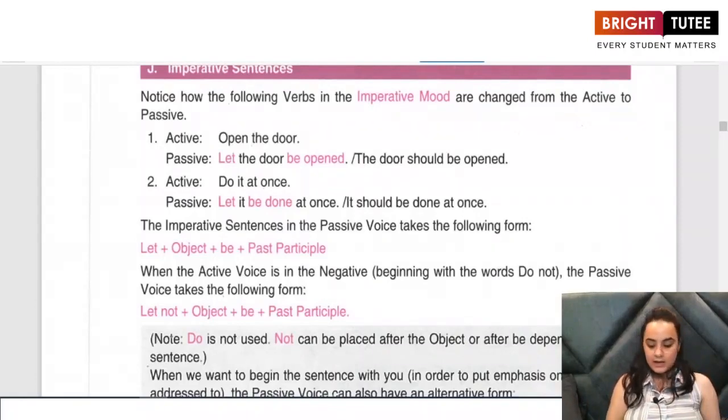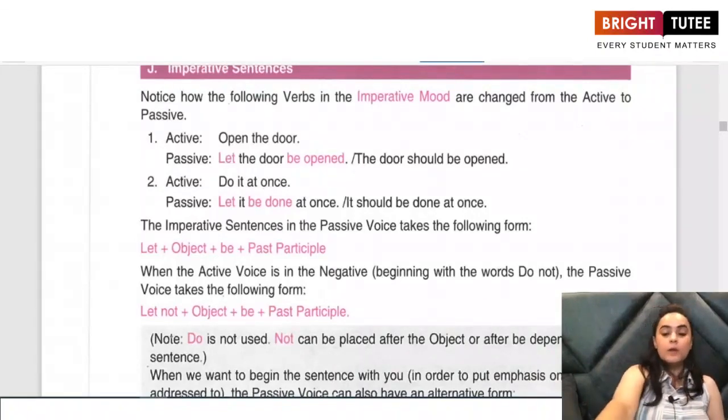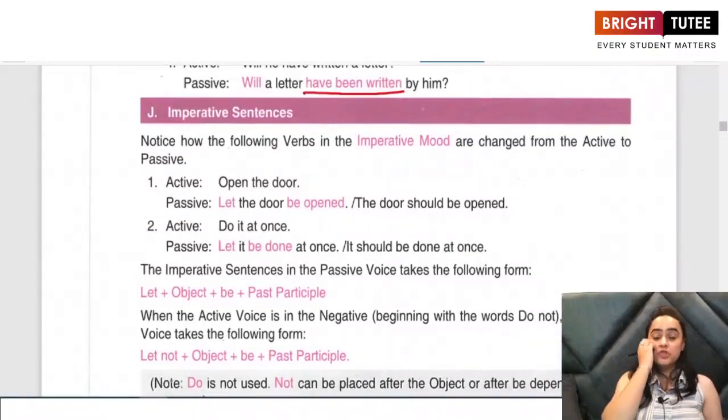Now in this class, we are going to learn how to change an active sentence to a passive sentence when we are talking about imperative sentences. What are imperative sentences in the first place?